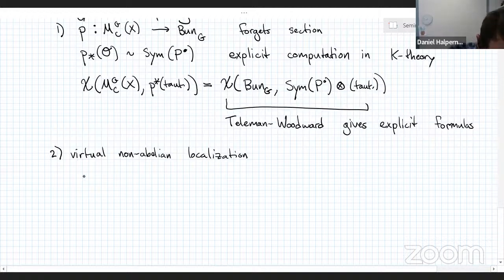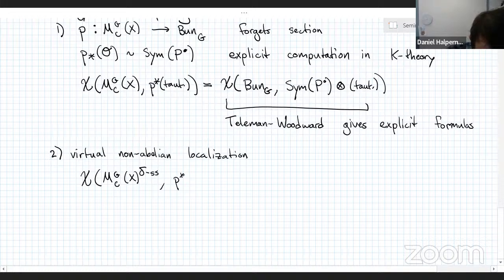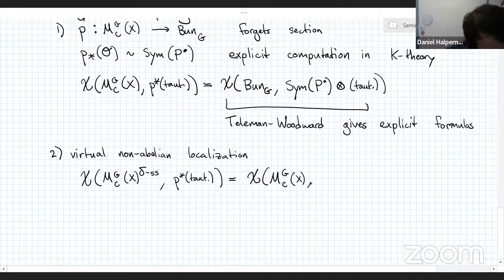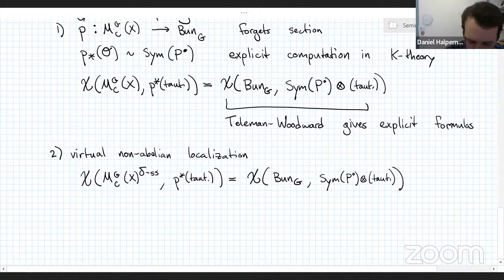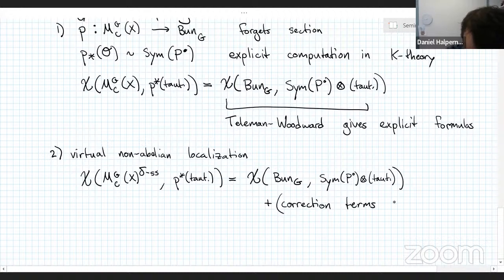So it says that the index, when I put the semi-stability condition in, is equal to the index over the whole stack, plus correction terms from the unstable locus.